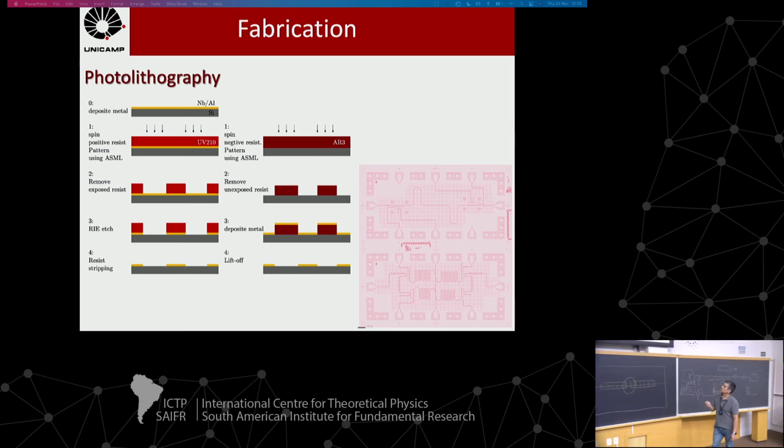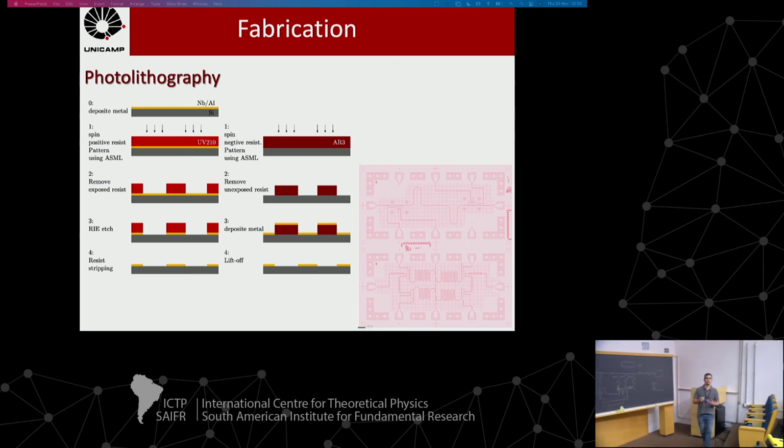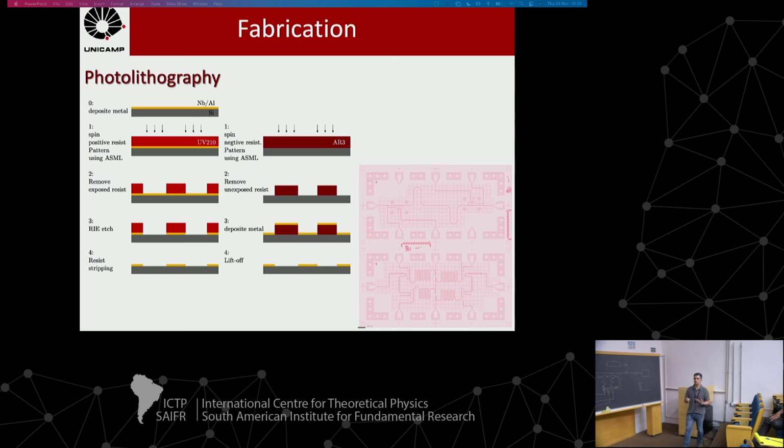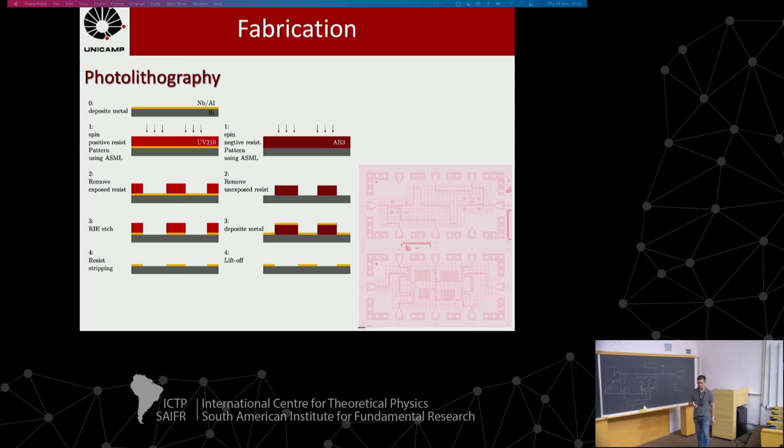When I want to create this kind of circuit here, I need to start with the superconducting material. So how do we do that? With the idea of the circuit I have, I can draw something and create the electrical circuit. We do something similar to what we did before with the Josephson junction. Okay, we get a silicon wafer and put aluminum or niobium on top of that wafer of silicon.